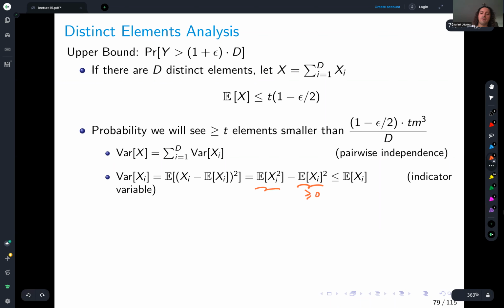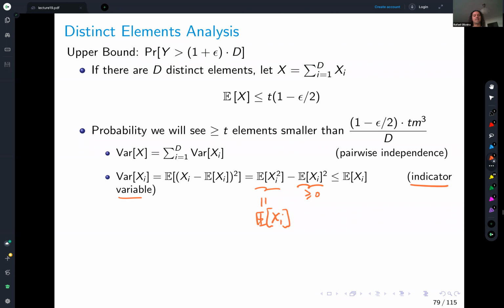And the expected value of x_i squared is exactly equal to the expected value of x_i for indicator random variables, because x_i just takes the value 1 or 0, and 1 squared and 0 squared are equal to 1 and 0. Does that make sense?